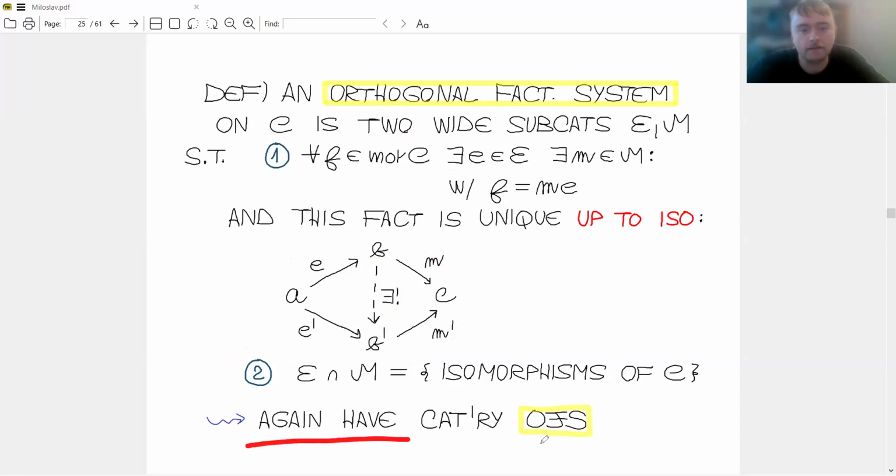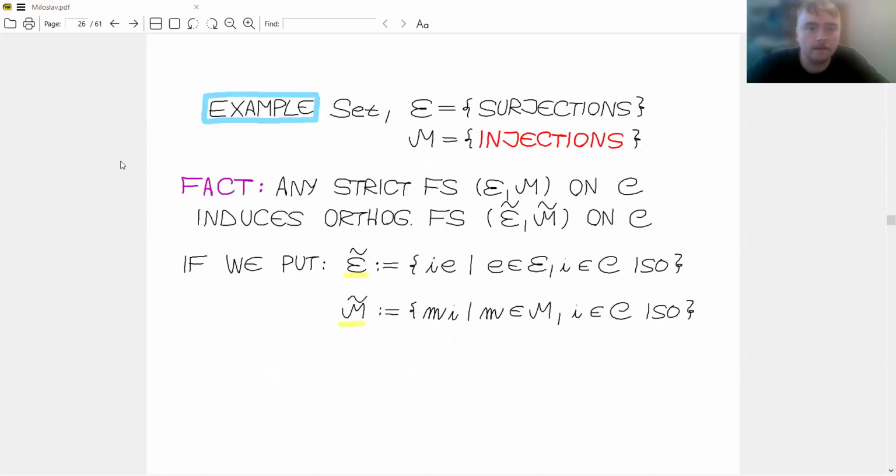And we again have a category that I denote OFS, where the objects are the orthogonal factorization systems, and morphisms are again functors that preserve both classes. There is an overabundance of examples in category theory, but for example, you can take the category of sets, with the first class the surjections, and the second class the injective functions. This is an orthogonal factorization system.